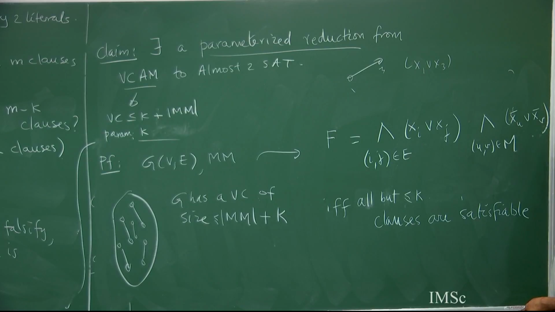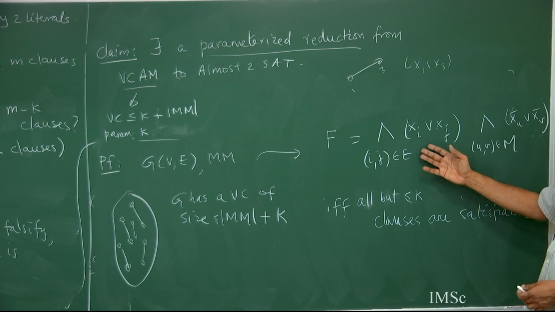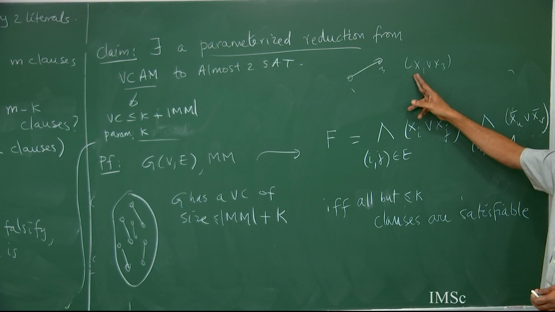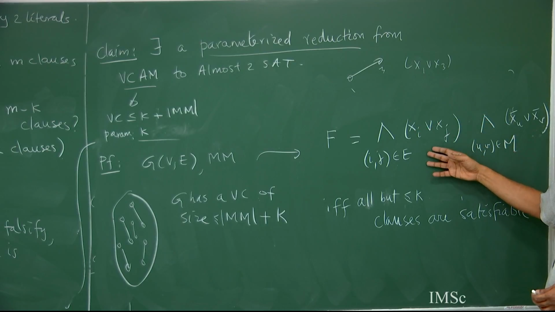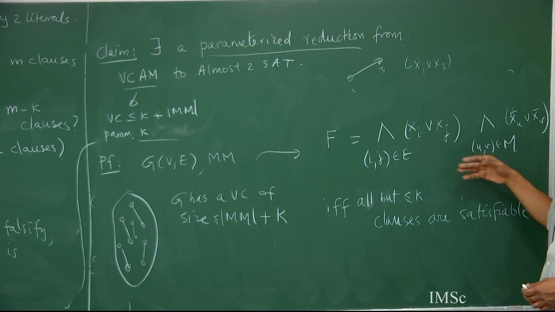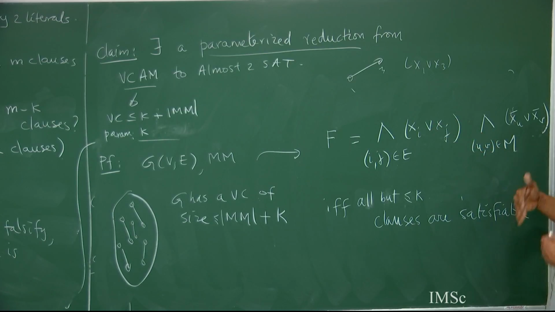I may lose a clause here which contains x1, but this is a matching. So, at most one clause will have x1 here. So, I will gain this and lose at most 1. I may not even lose anything, because if x1 is not even part of the matching, then I won't lose it. But even if I lose, I'll gain at least one, because by setting x1 equal to 1, I may even have more clauses satisfied here. So I'll gain at least one and lose at most one. So I am actually doing better.